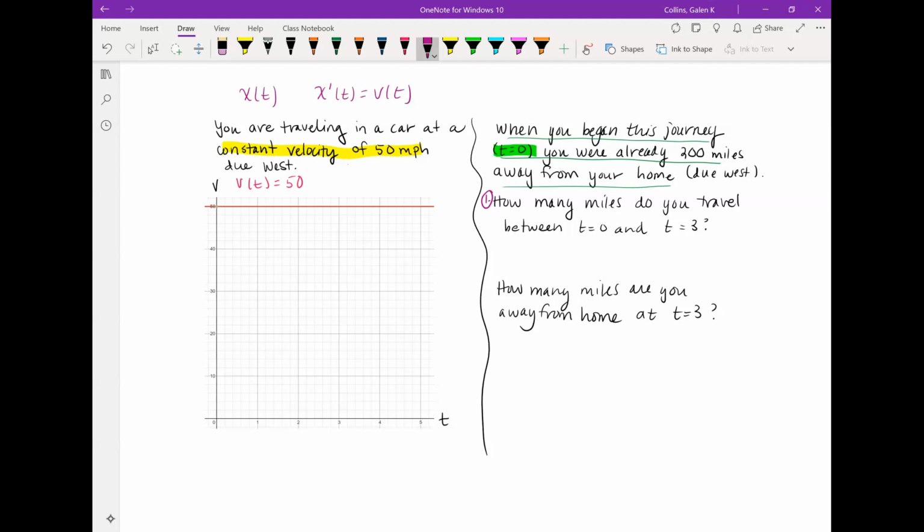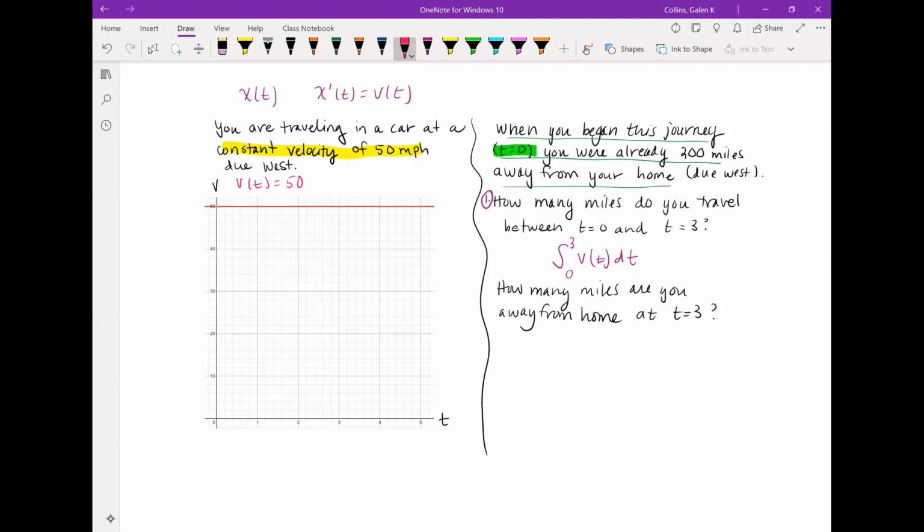What this question is really asking us in number 1, how many miles do we travel between 0 and 3? We're asked to evaluate the definite integral from 0 to 3 of v of t dt, where again v is the derivative of x. To do that, we can look at the graph of v and find the area between the curve, or in this case the line, and the x-axis.